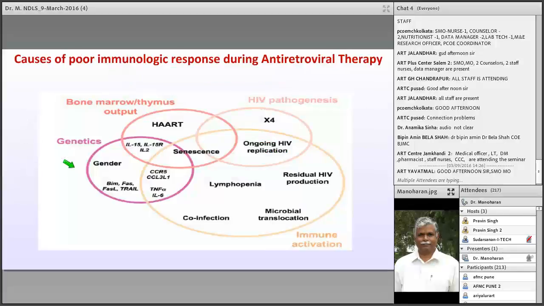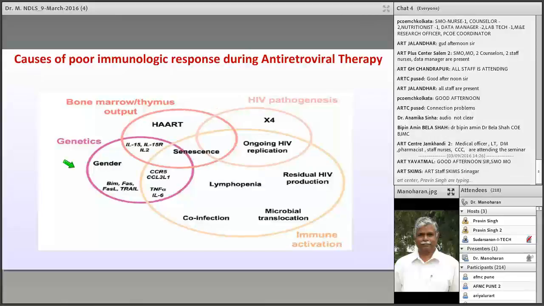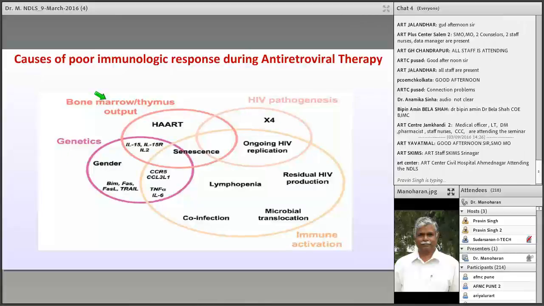Let us see some evidence for all these causes. This particular slide is taken from a review article from a journal called Blood. There are many reasons for this, and I am going to highlight only some important things. So let us see what happens to the bone marrow and thymus output.